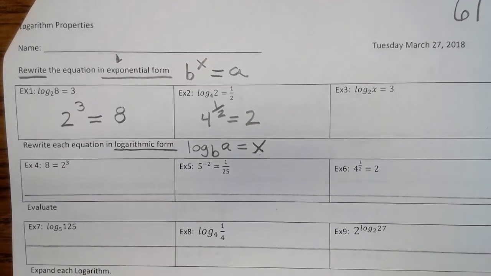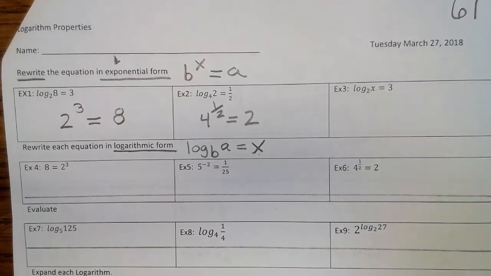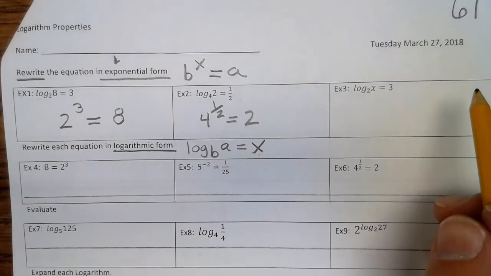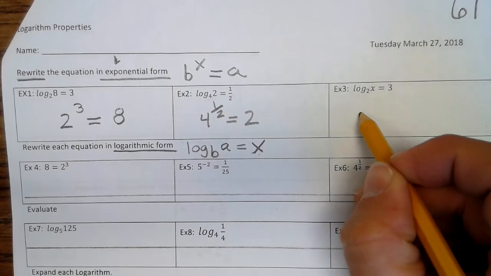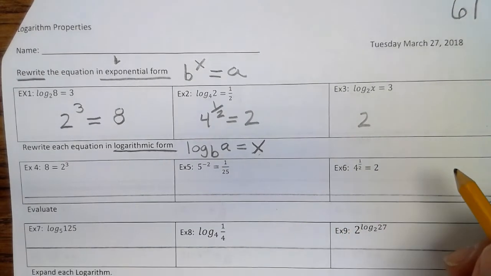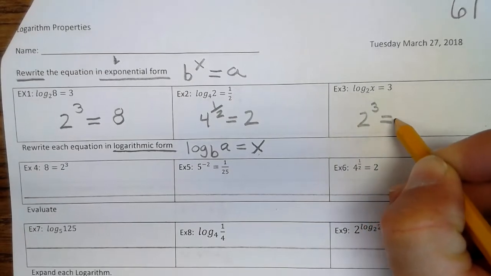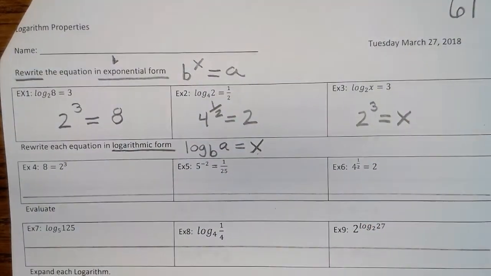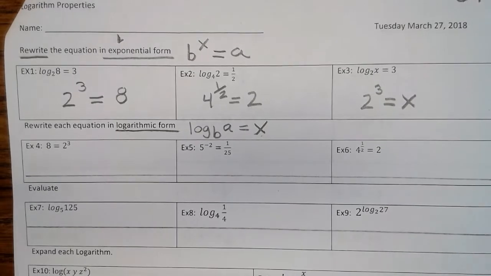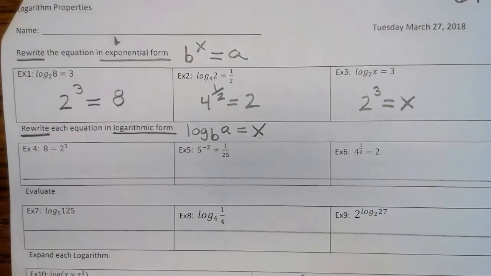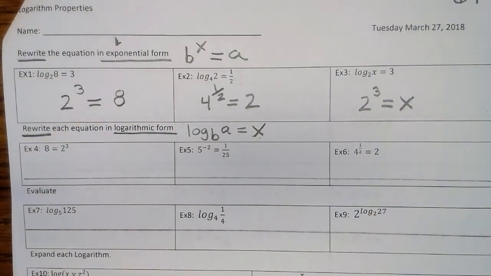All right, so now example 3. So then the b value is 2, the x value is 3, and the a value is x. All right, so now we're going to rewrite in logarithmic form.